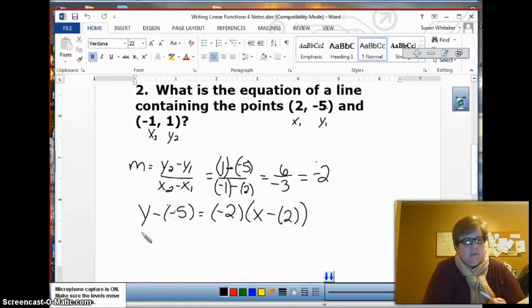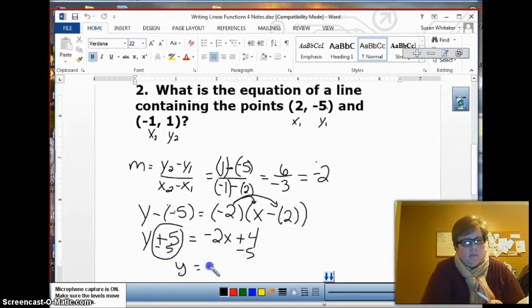Negative, negative, I like that to be written as a plus sign. y plus 5 equals, okay, and then we want to distribute the negative 2 because it's in front of the parentheses. Negative 2x plus 4. Okay, and then I'd like y to be by itself, so I'm going to subtract the 5. Okay, so y equals negative 2x minus 1. All right, I think I got the hang of this.